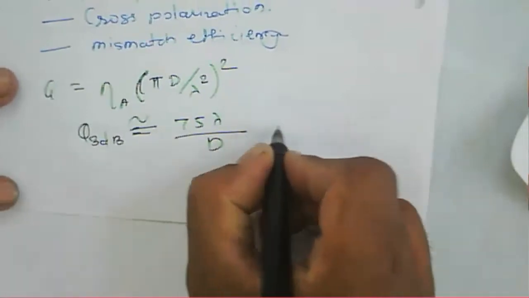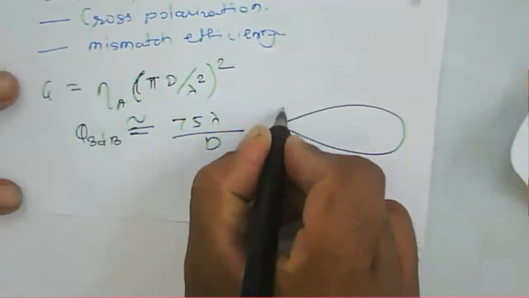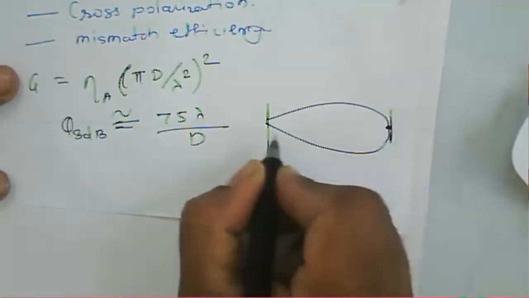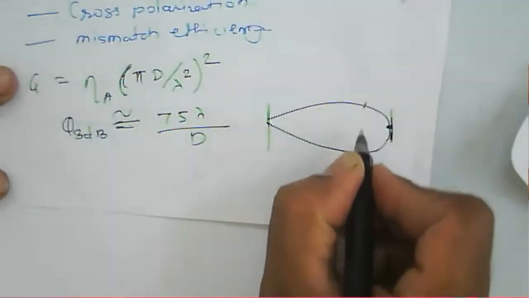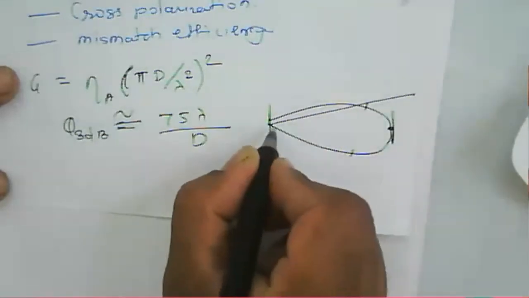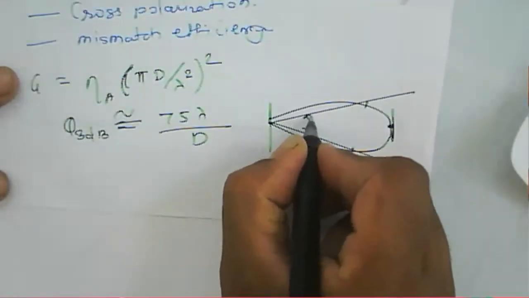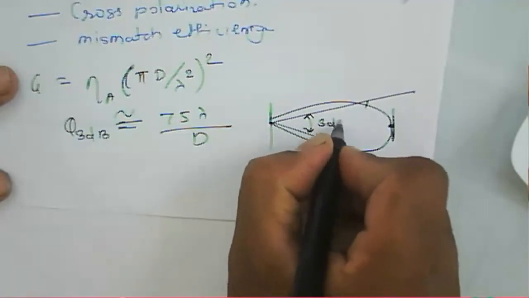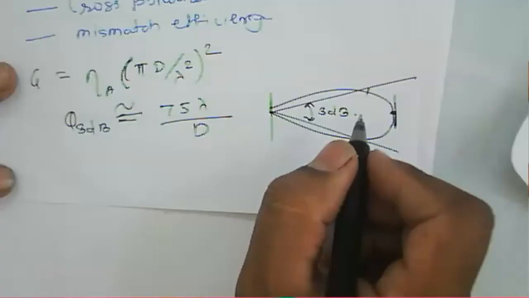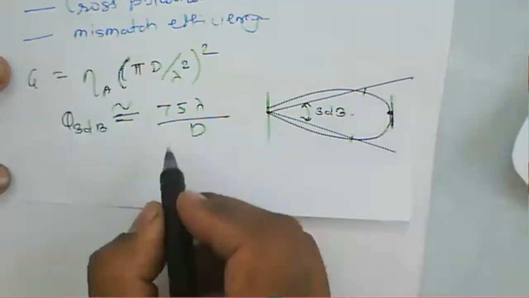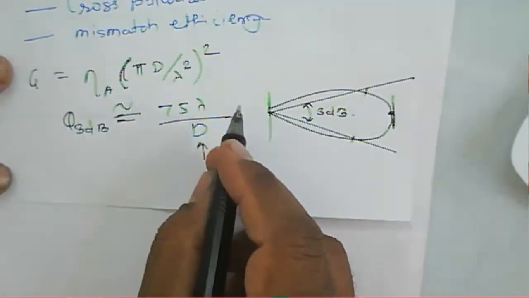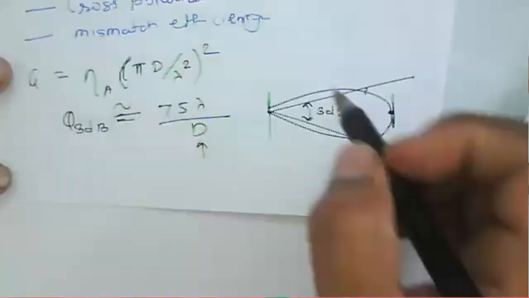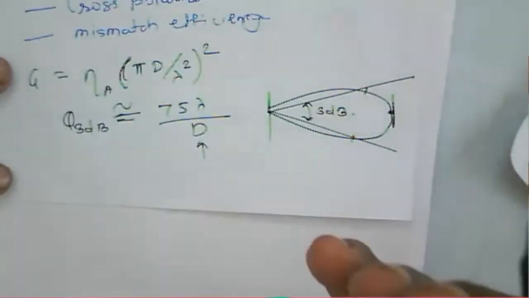If you see the radiation pattern of a horn antenna, here we have the maximum output. From this maximum we need to locate the 3 dB point, and draw the line from the center to the 3 dB point, and that gives the 3 dB beam width of an antenna. It depends upon the diameter of the aperture, because we have a circular or parabolic dish.